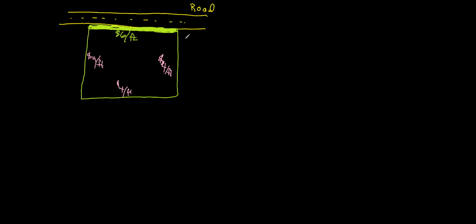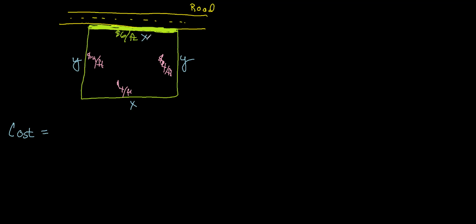And then if we were to think about how long these sides are, we could label the sides, maybe this side is length X, which would mean this side is length X, and the other sides we could call length Y. So already we might have an idea of the cost for the garden. The side next to the road, $6 per foot, and then how many feet do we have?